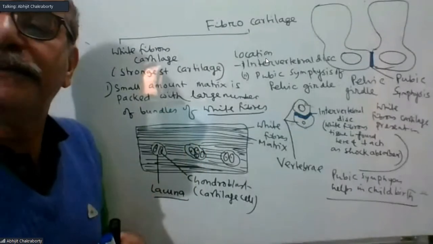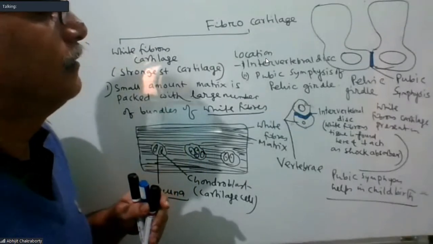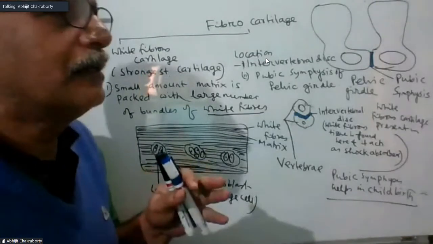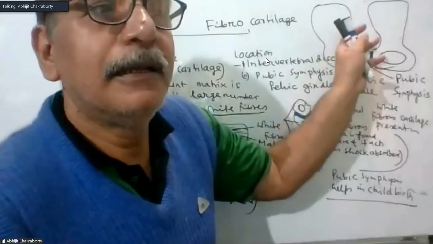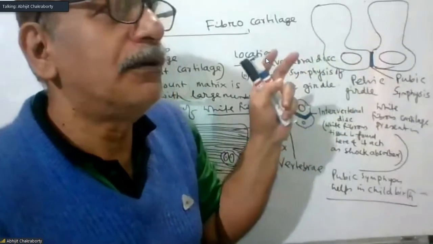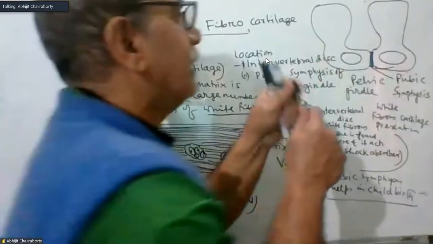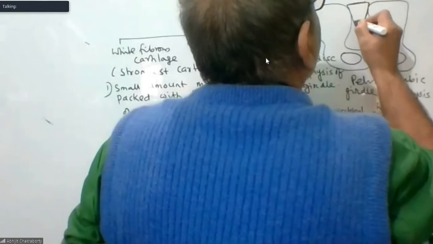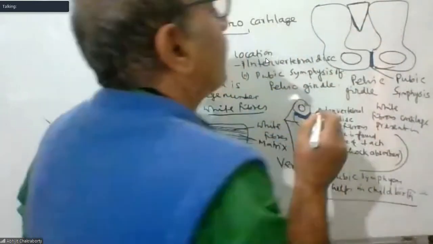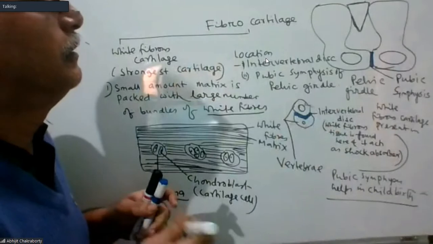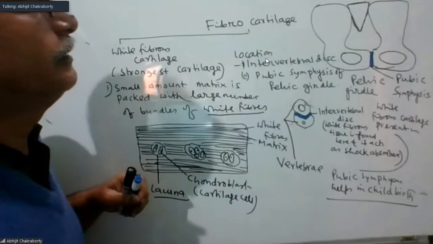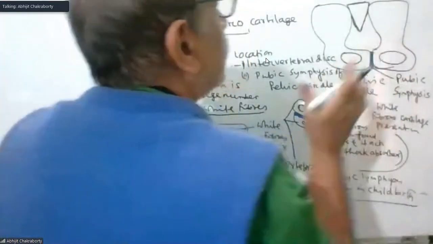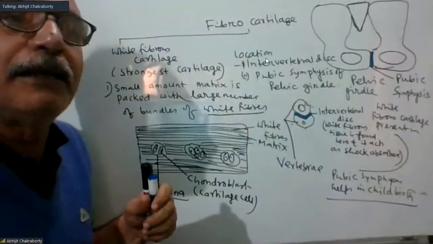Is it clear up to this? What are you asking? This is the pelvic girdle. In the pelvic girdle, this part is the sacrum. This is the sacrum part. So this part actually helps in the delivery of a child.